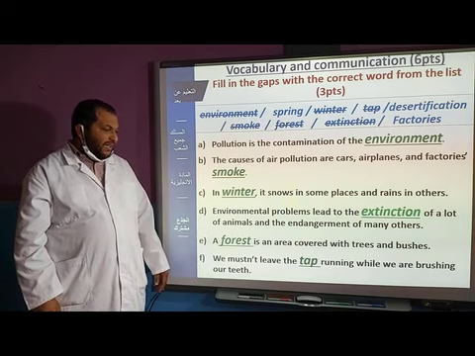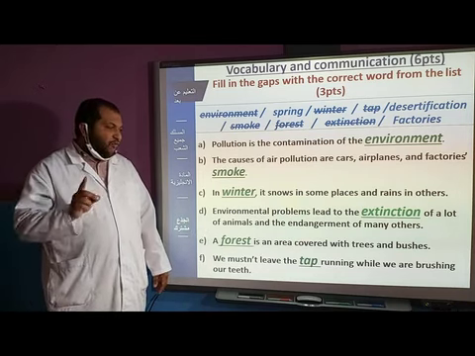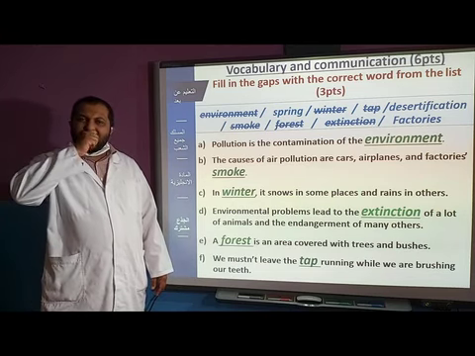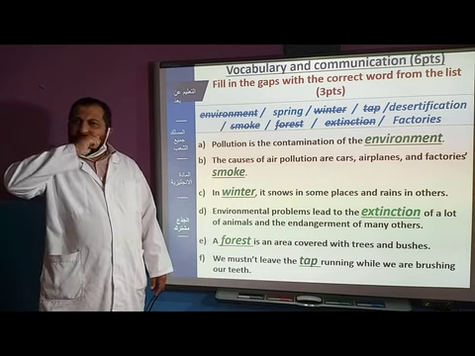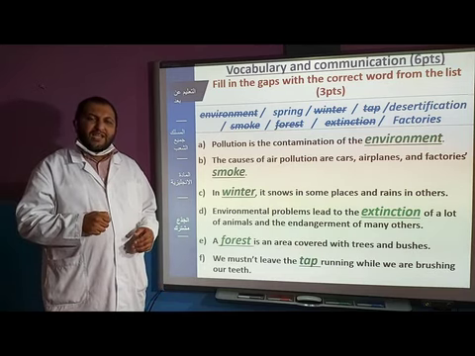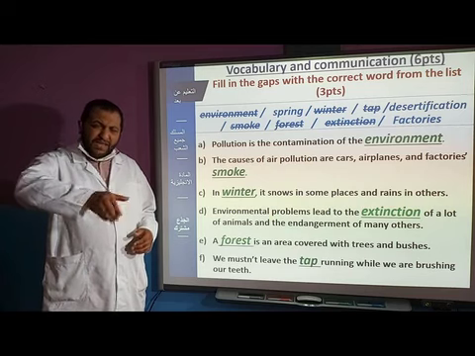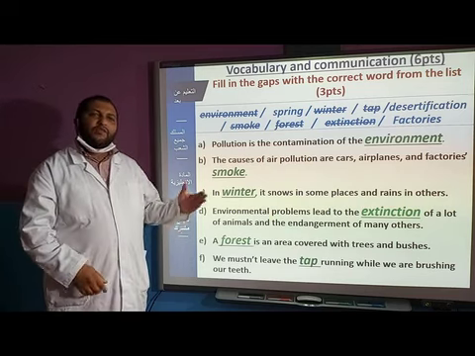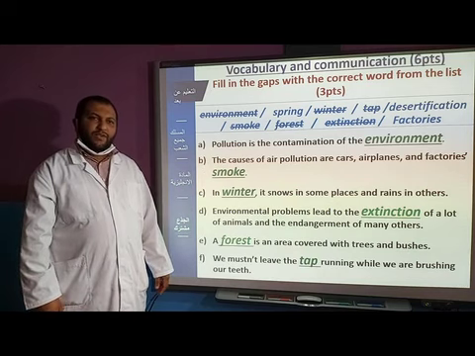We mustn't leave the tap running while we are brushing our teeth. It means when you are brushing your teeth, you should not keep the tap running. It means opened. That's all for the vocabulary.